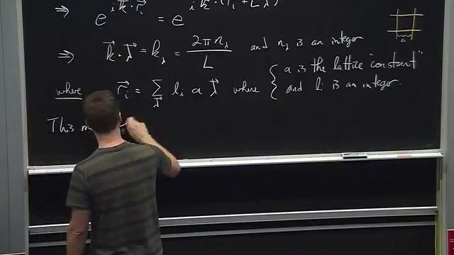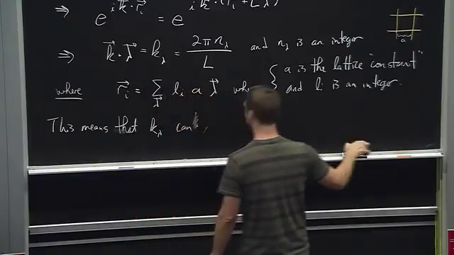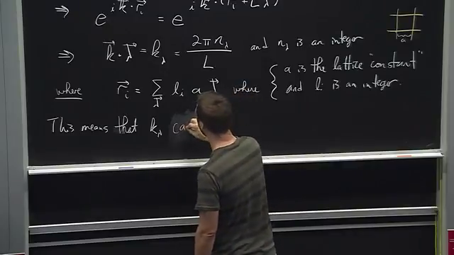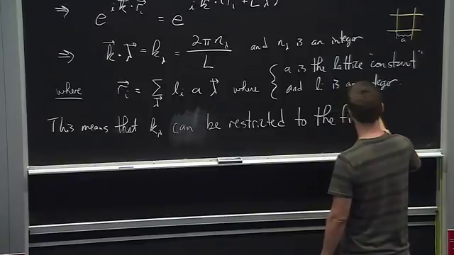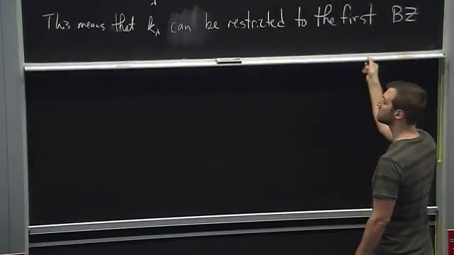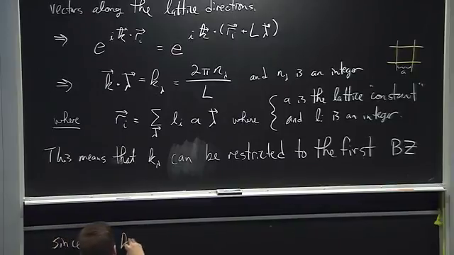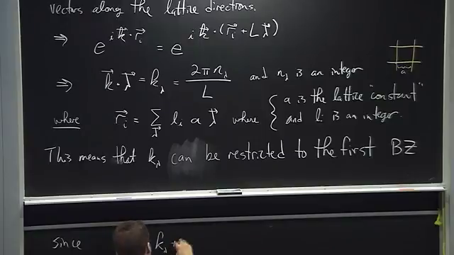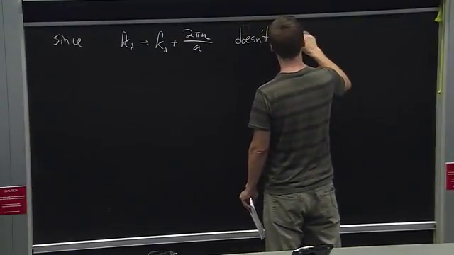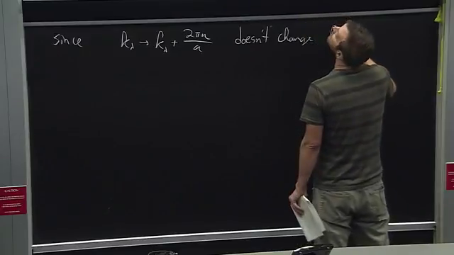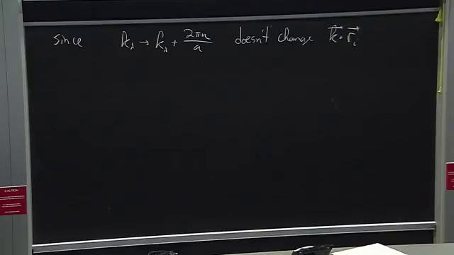So it means that this thing here, since K lambda plus 2 pi n over A doesn't change, say K dot R. I don't know, maybe there's an easier way to say that.